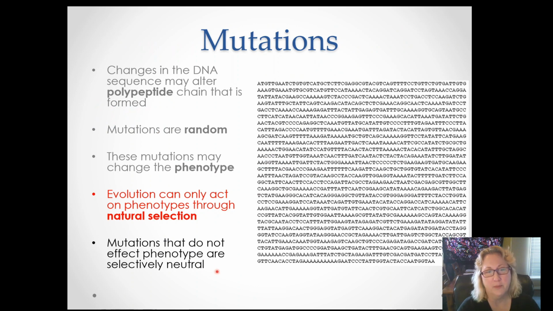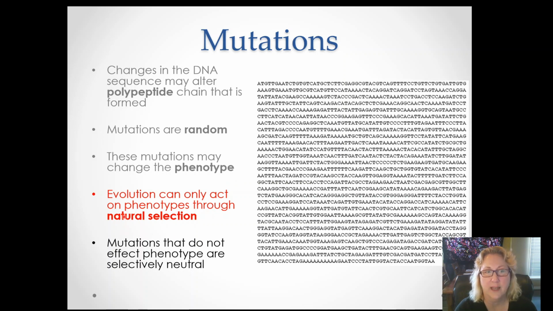So we talked a bit before when we talked about evolution about mutations, and that mutations that are going to lead to evolution are ones that are available to natural selection. So now that we have defined more fully what a phenotype versus genotype is, a mutation that does not change the phenotype is not available for natural selection to act on.